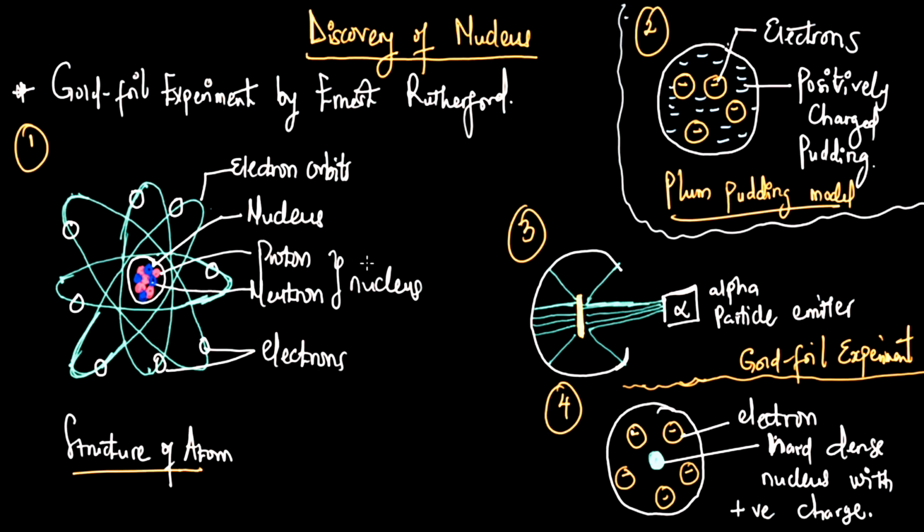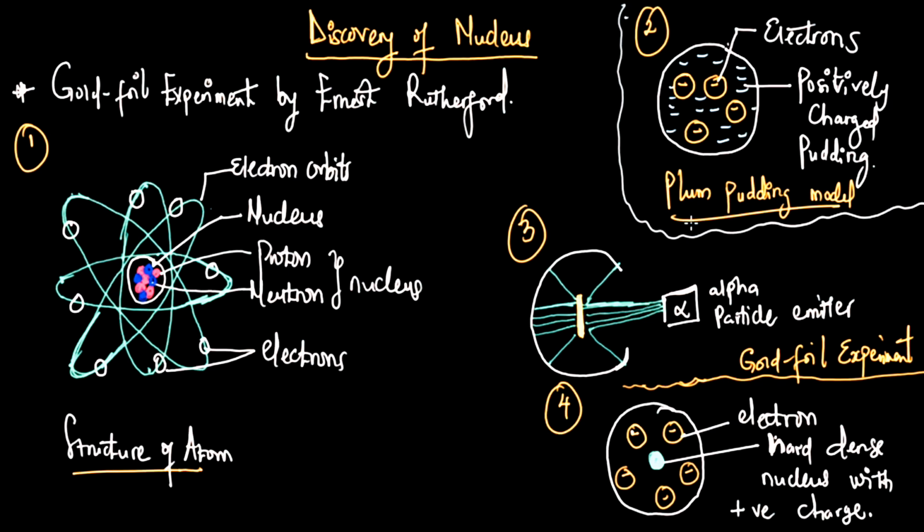In this structure, we have the nucleus in the middle that has the protons and the neutrons, and then there are electrons around the outside of the atom. But of course, we didn't always know that the atom looked like this in the early days.